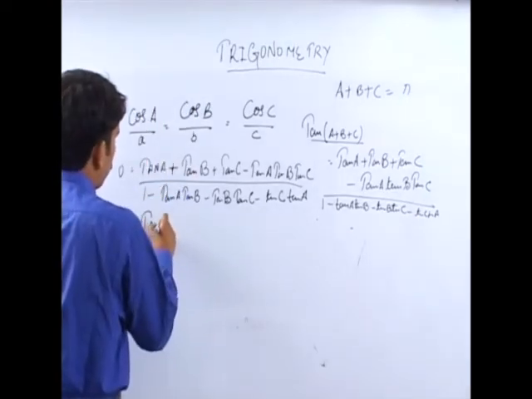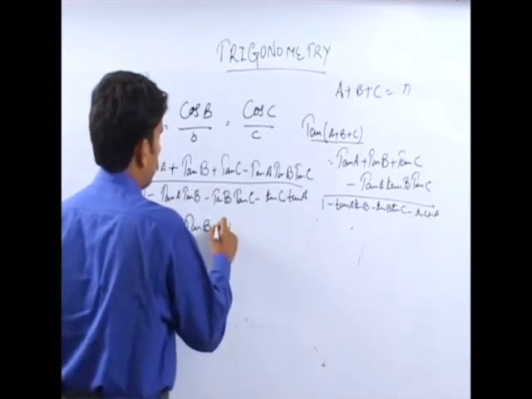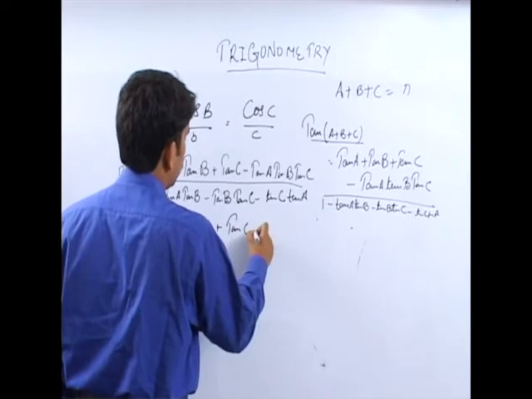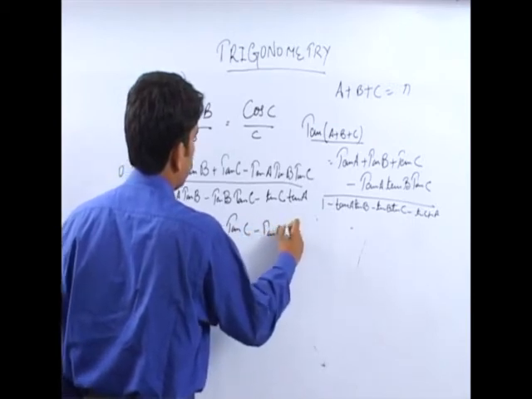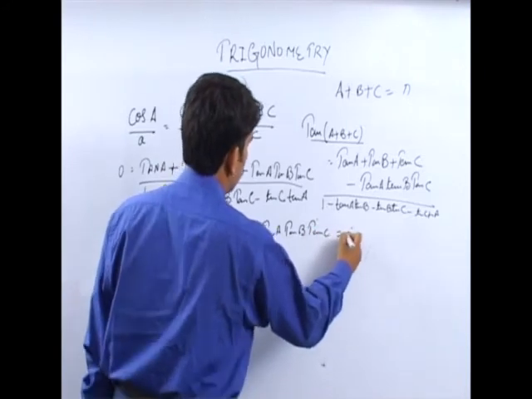Therefore tan A plus tan B plus tan C minus tan A tan B tan C will be equal to 0.